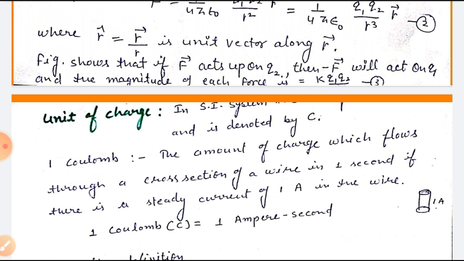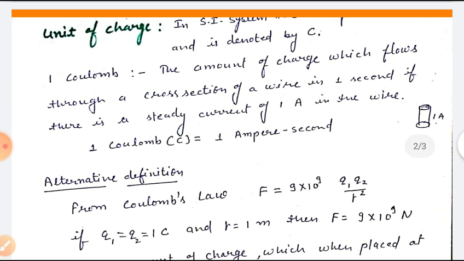Another definition of Coulomb from Coulomb's law. From Coulomb's law F is equal to k q1 q2 upon r square and we can write F is equal to 9 into 10 to the power 9 q1 q2 upon r square. If we take q1 and q2 equal to 1 Coulomb and r equal to 1 meter, then F is equal to 9 into 10 to the power 9 Newton.